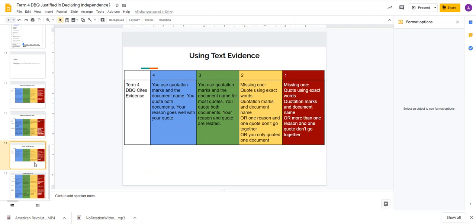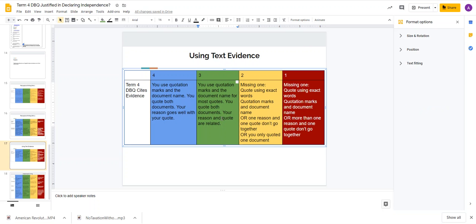All right, and then your use of text evidence, if you want a 3, you're using your quotation marks, and you're using both documents, and your quotes, your citations match your reason. So you're using a citation that makes sense. Like, remember when I reminded you, don't give me a reason about the Boston Tea Party, but use a quote about the Boston Massacre. Make sure your quote makes sense.